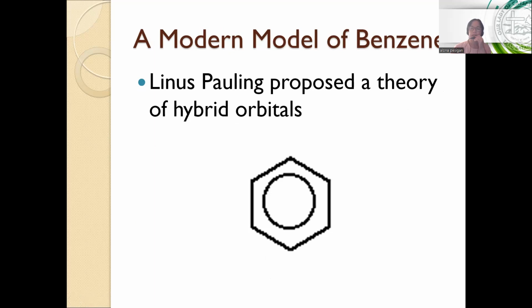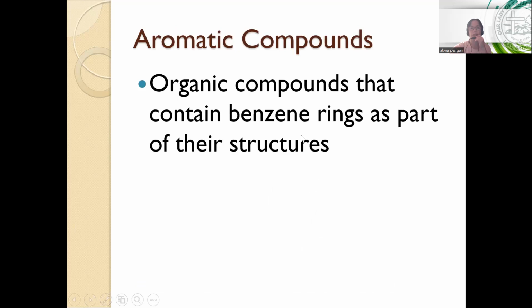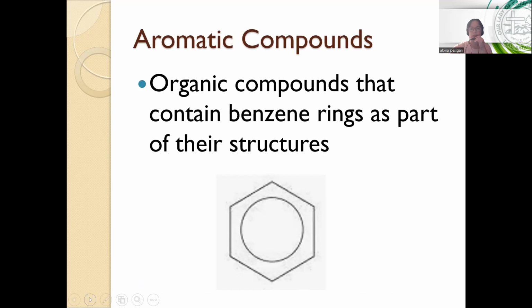So the presence of benzene identifies aromatic hydrocarbons. And how are we going to name aromatic compounds? Aromatic compounds are organic compounds that contain benzene rings as part of their structure. So that's the benzene ring.